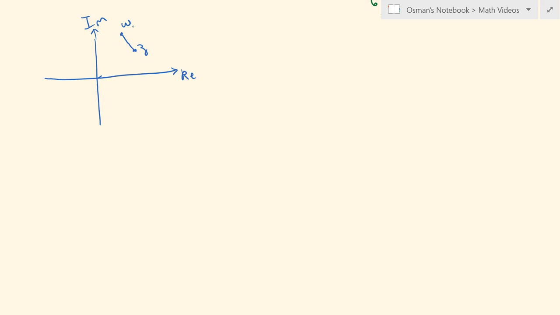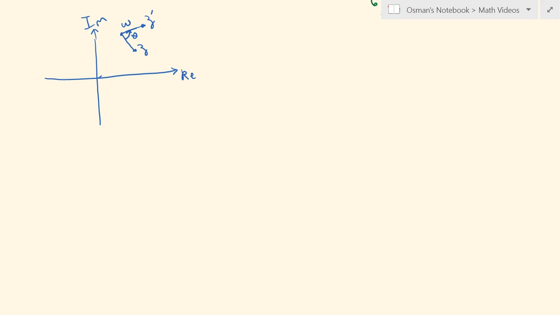When I rotate it by a certain angle theta around this point, how does this happen? So z prime after rotation. How do I even think about this rotation, this theta?